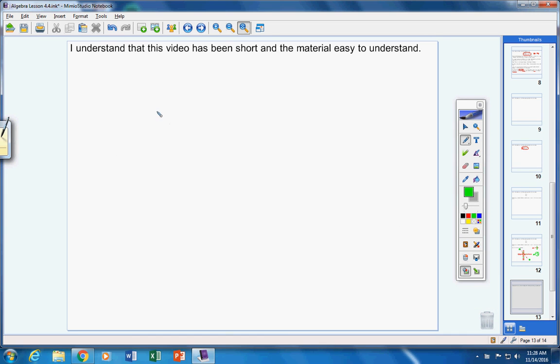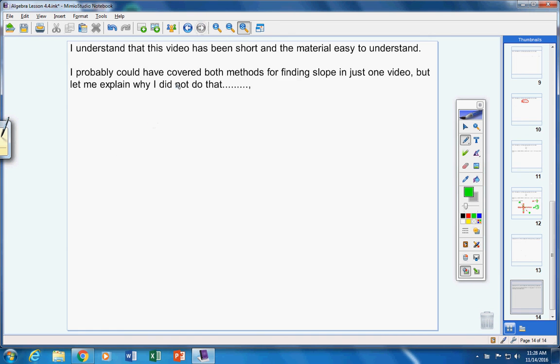Now, I understand this video has been short and the material has been pretty easy to understand. I probably could have covered both methods for finding slope in just one video. But let me explain why I did not do that. Well, one reason is not because I'm trying to make it easy for you or be nice, although there's nothing wrong with that, but it's because I'm telling you right now, and some of you students will listen to me and some of you won't, and that's up to you. I can't make you listen to me.